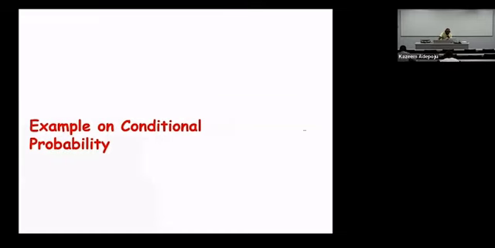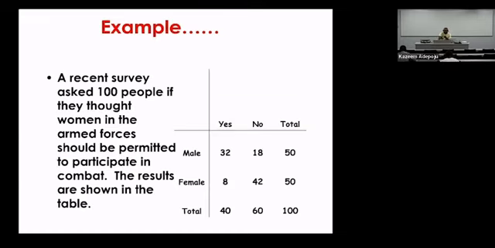Now I'm going to walk you through this example. We use the idea of conditional probability in surveys, where we want to get information from the target population when we're doing our research. We don't study every element in the population.